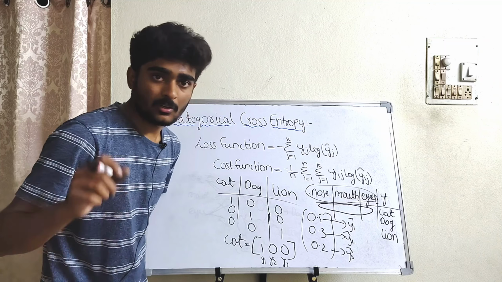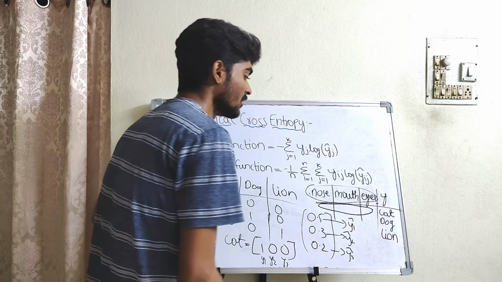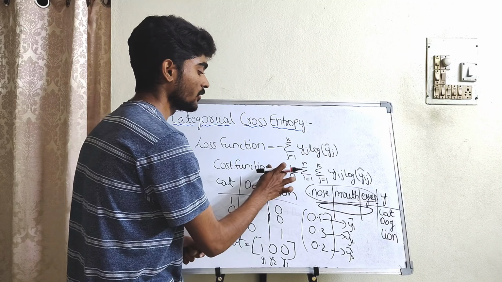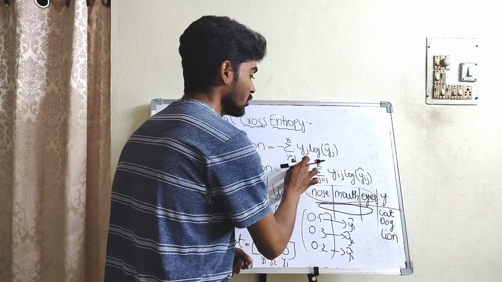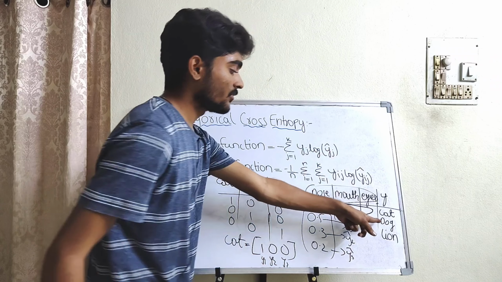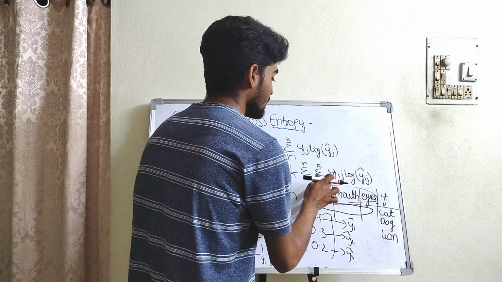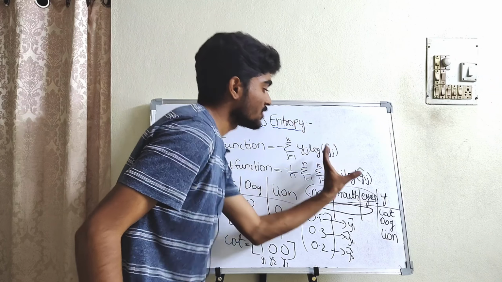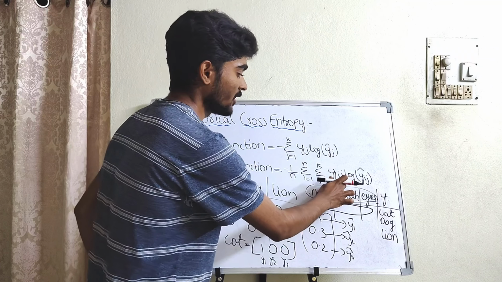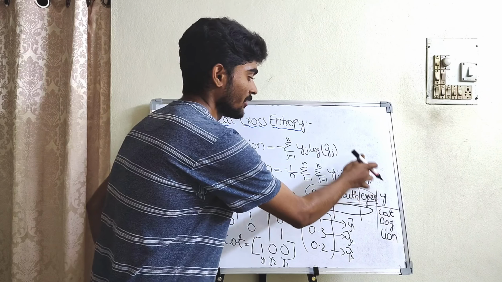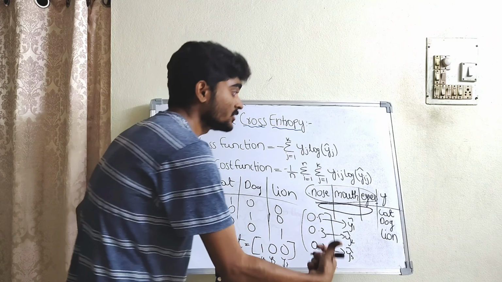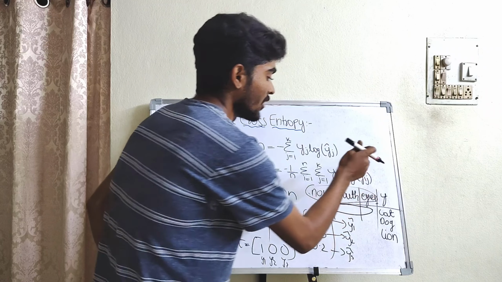Now let's take an example. Say we have three training samples. We get minus 1 by 3, summation of i equals 1 to 3, and summation of j equals 1 to 3, as we have three different classes. Our first term will be y11 log y11 hat, and our next term will be y12 log y12 hat.